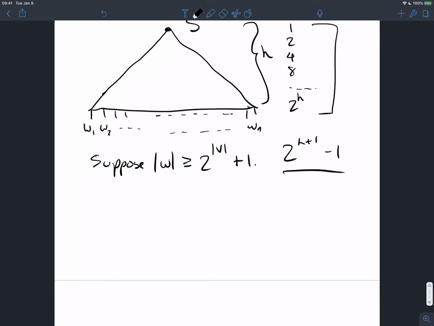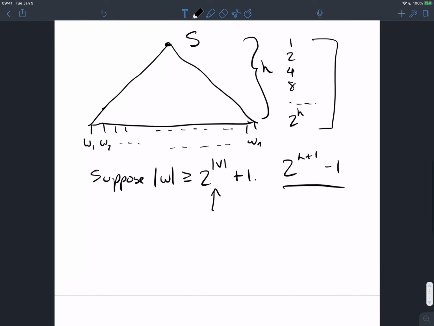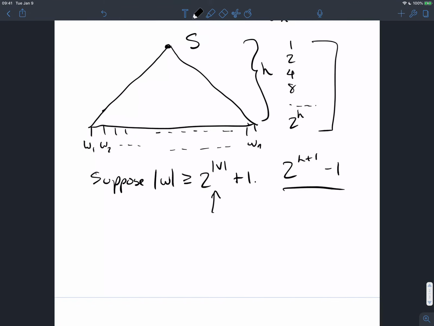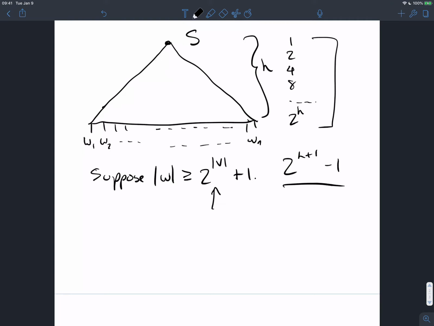This says that the tree must have height at least h. Because if it was a complete binary tree, then I have at least the number of variables in layers. Then this plus 1 at the end tells us we must have another layer, so a height of at least the number of variables plus 1.